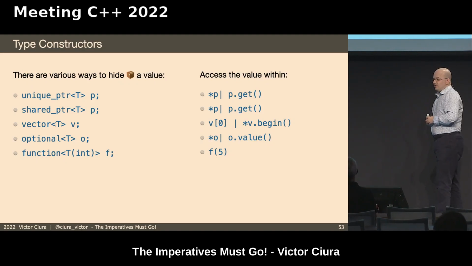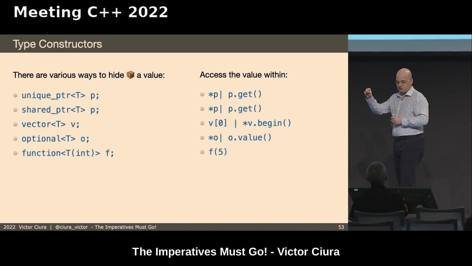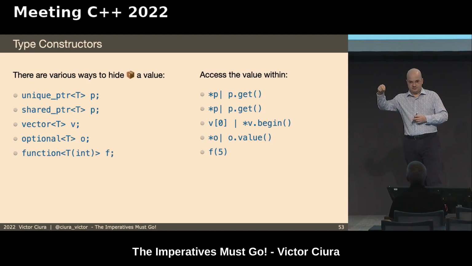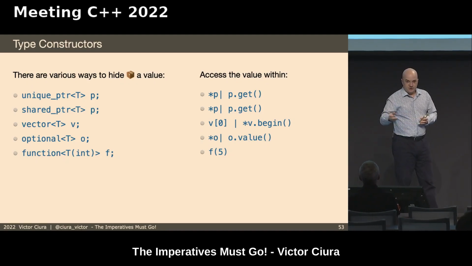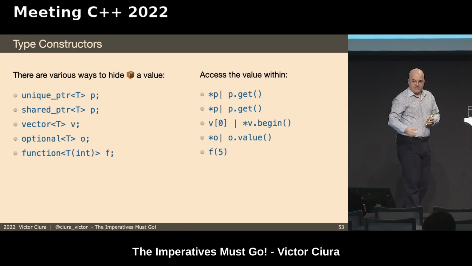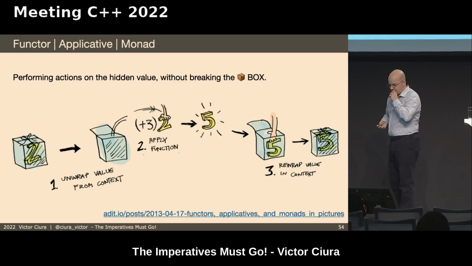And for each of them, we have a way of poking at the value inside. So we can get the value that the pointer points to. We can get an element from the vector. We can get the value from the optional, and so on. We can do the function application.